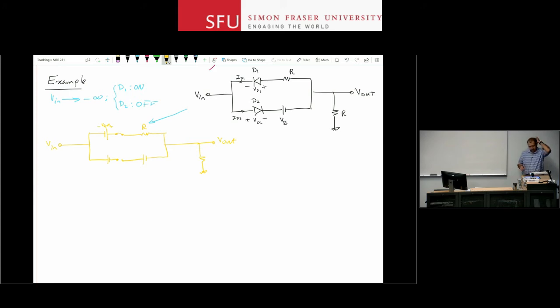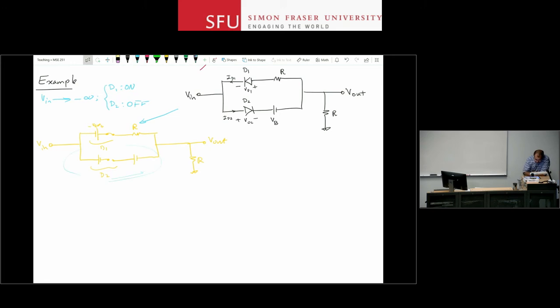Okay, so the bottom branch, this is D2, this is D1, and this is my assumption. This is the circuit. Easily I can solve this using voltage division. What I notice is that the bottom branch, because there's an open circuit in it, I don't really have to worry about it.